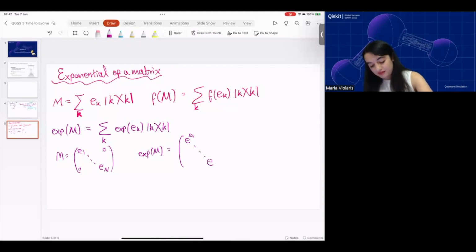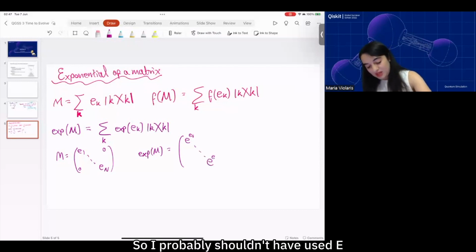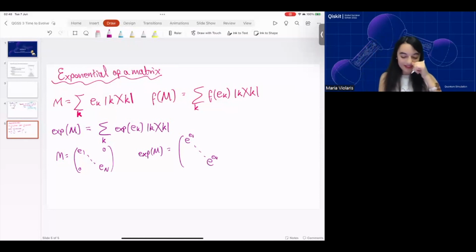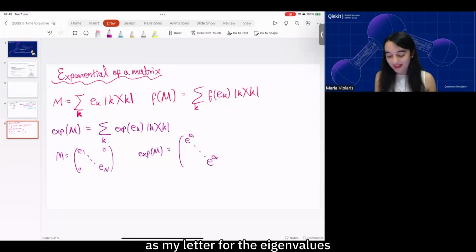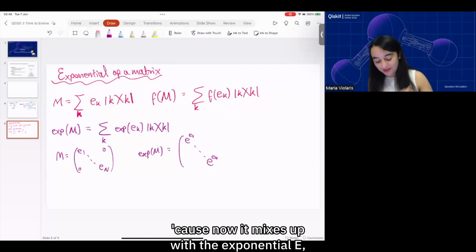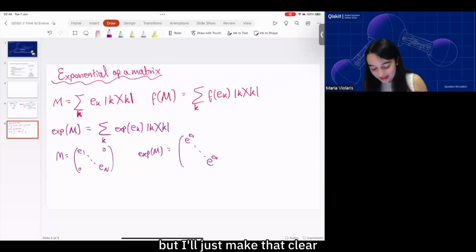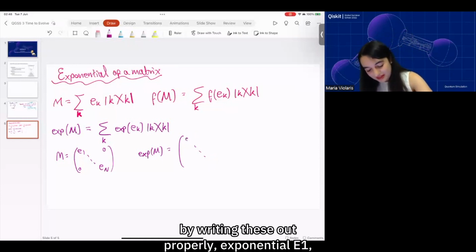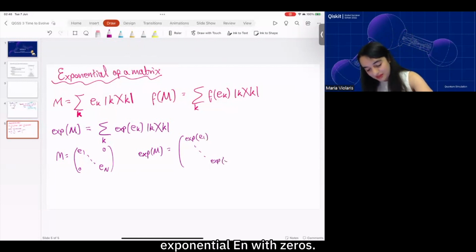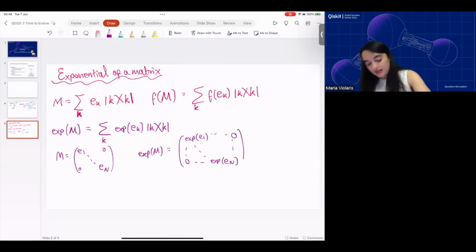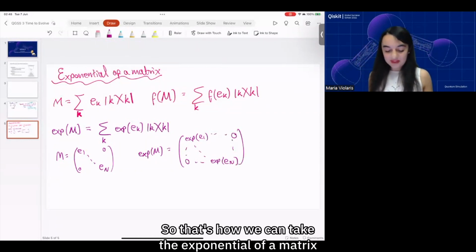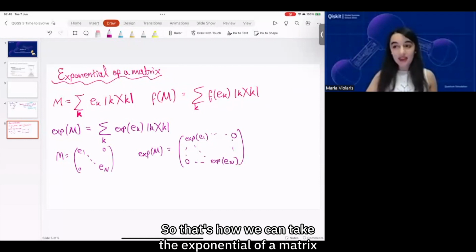So I probably shouldn't have used E as my letter for the eigenvalues, because now it mixes up with the exponential e, but I'll make that clear by writing these out properly. Exponential of E1, exponential of EN, with zeros. So that's how we can take the exponential of a matrix.